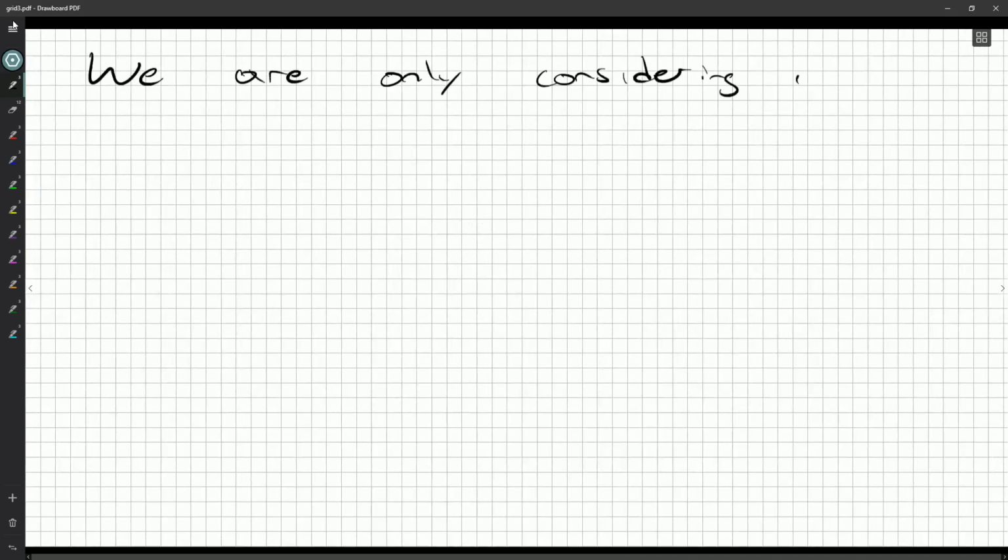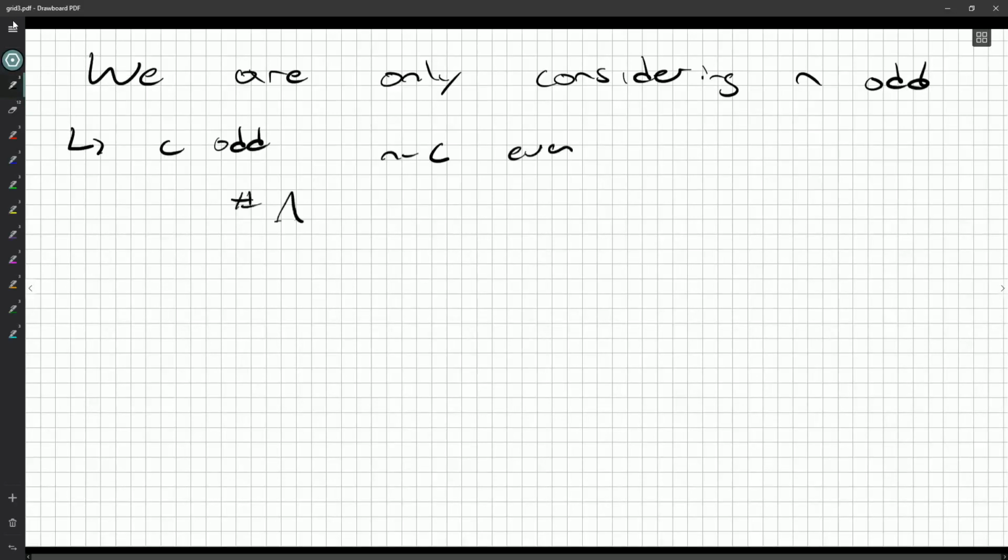Now, we are only considering an odd n. So what this really means is, we'll do c odd first. Then n minus c is even.